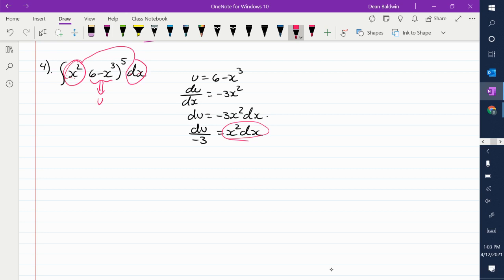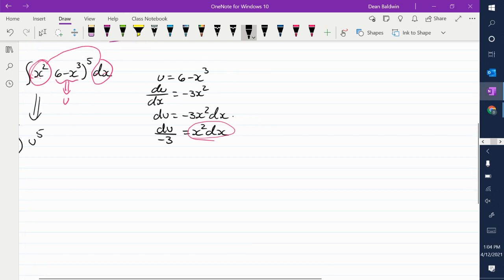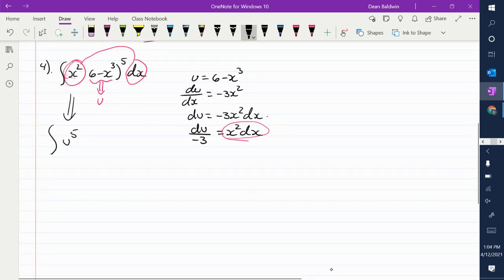So all this stuff that I've got circled in pink here turns into du over negative 3. So this integral now becomes the integral of u to the 5th, and x squared dx is du over negative 3.